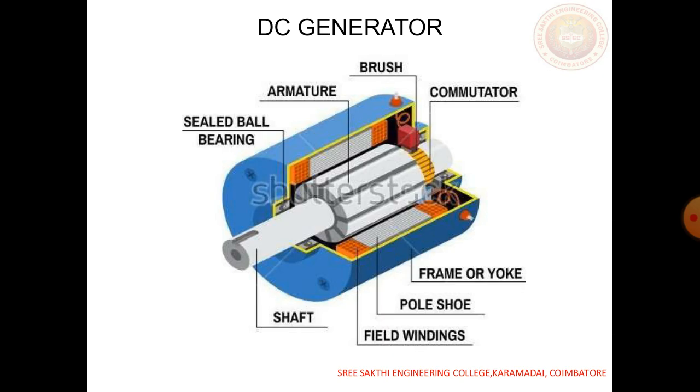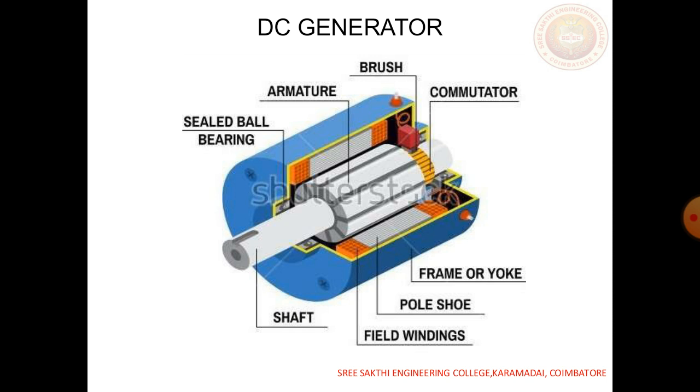This is a general construction, the cross section of the DC generator. When we open the DC generator, we have these parts. The main parts are the frame or yoke, which is the first part and the outer part, and next the field windings.